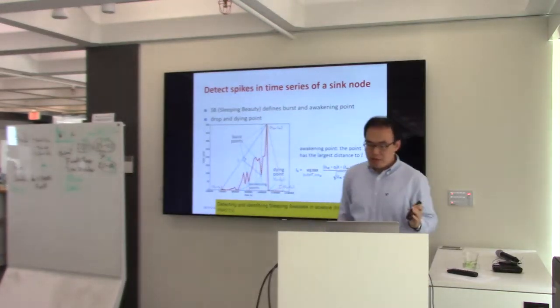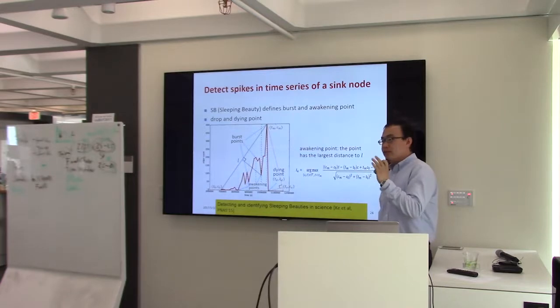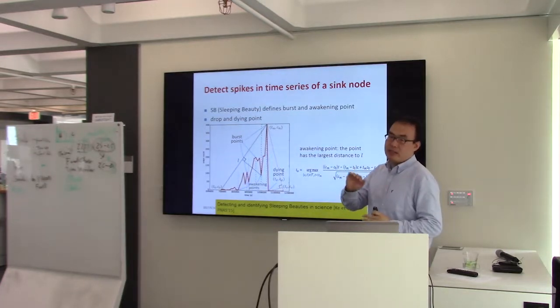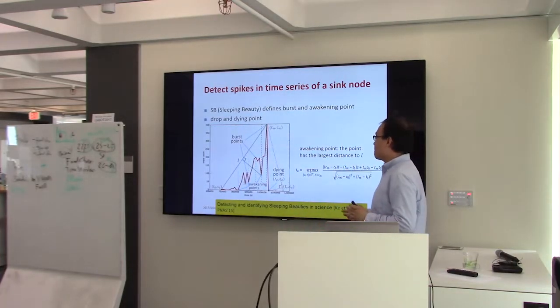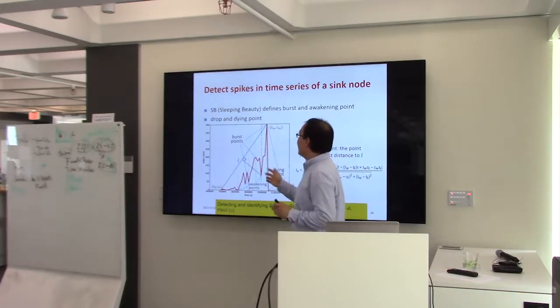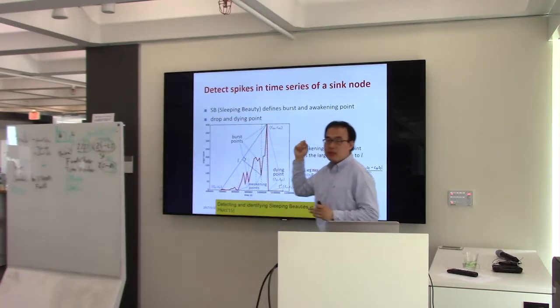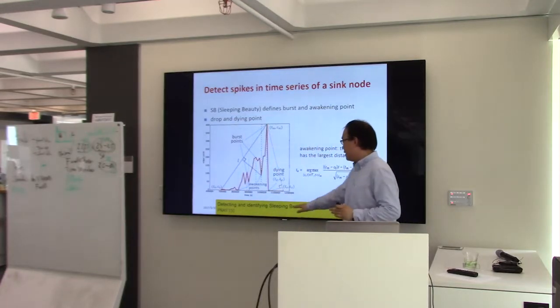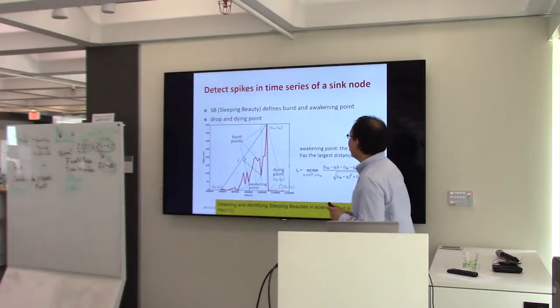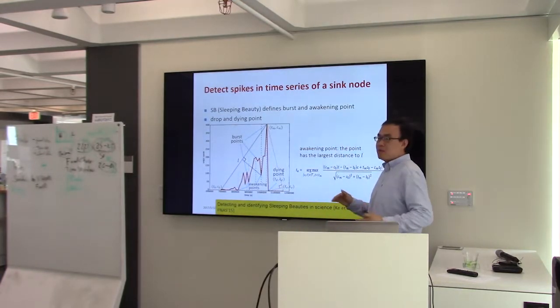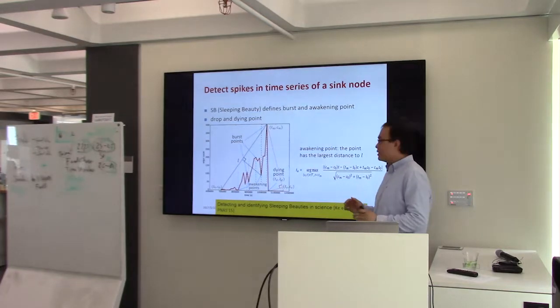Before we go further, we should define how we quantify the burst and the drop. We use a work called Sleeping Beauty, published in PNAS 2015, which gives a very simple definition of the burst.